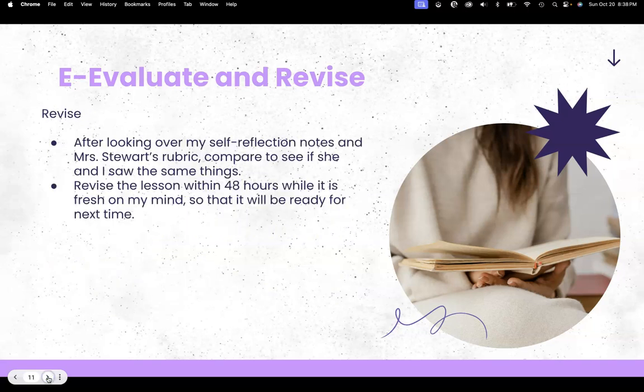library teacher. And then revise, after looking over my self-reflection notes and Ms. Stewart's rubric, compare to see if she and I saw the same things, and think about possibly having a conversation with her, maybe take her a cup of coffee on her next conference and visit with her on what I needed to do, what I could do better.